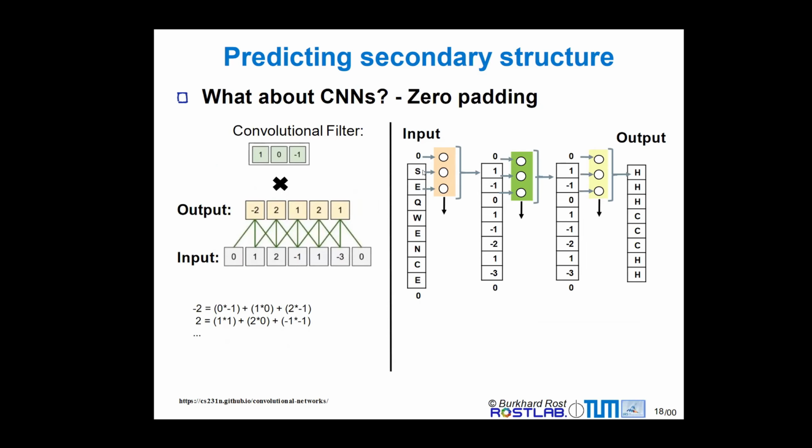If you had a window size of 5, you would need to add 2 zeros at the top and 2 at the bottom. With a window size of 7, you would add 3 at each end. So depending on your window size, you need to choose the appropriate padding so that you still get an output of length L for an input of length L.